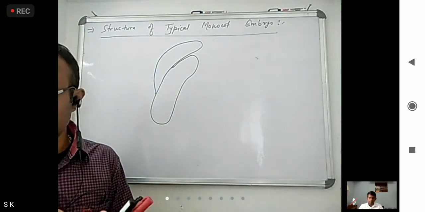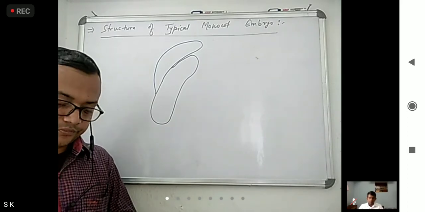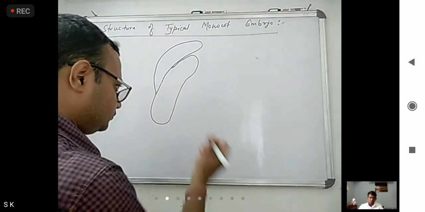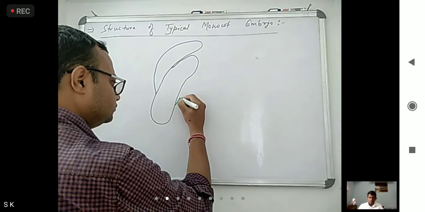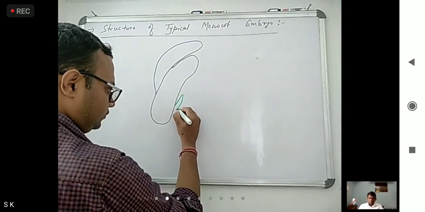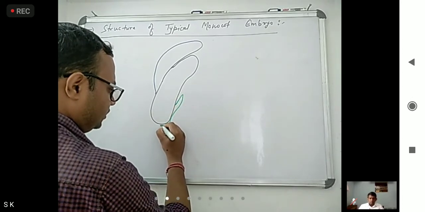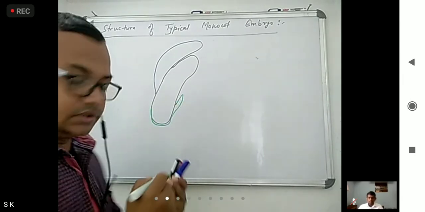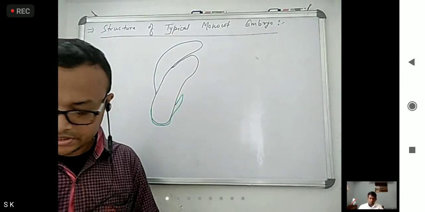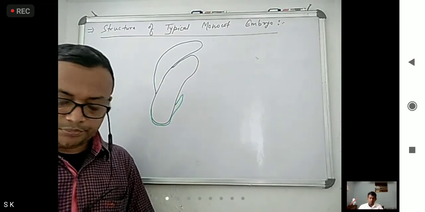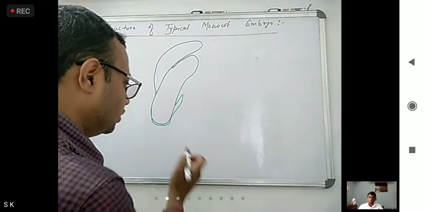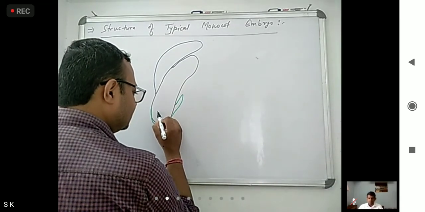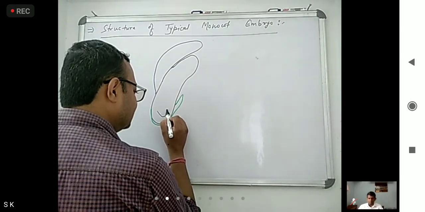So here what happens, they are forming the upper portion, and they are forming the lower portion. Now in the lower portion, they are developing a radicle.